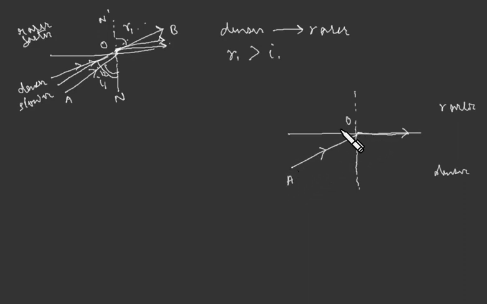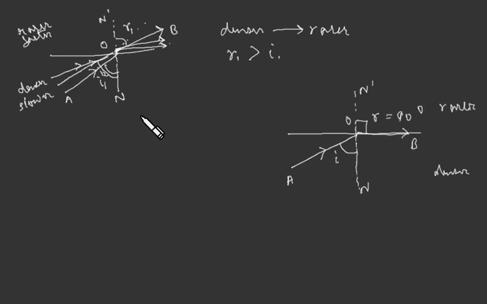If AO is the incident ray, OB is the refracted ray, ON prime is the normal, then the angle of incidence, let's say in this case is I, and in this case the angle of refraction R becomes 90 degree.